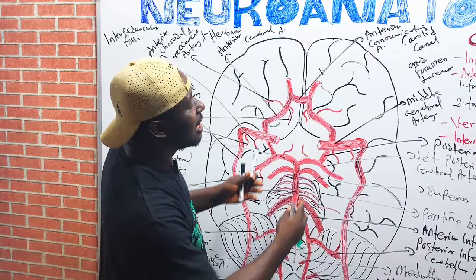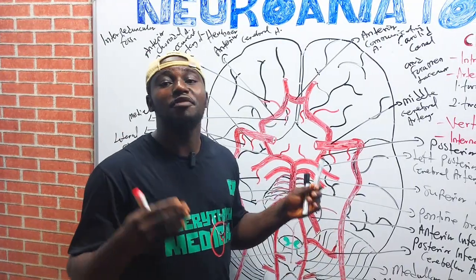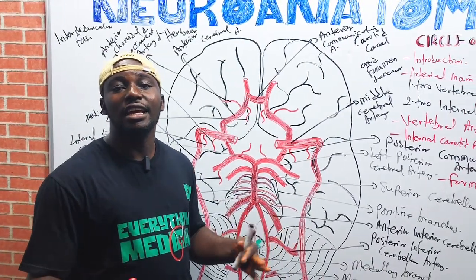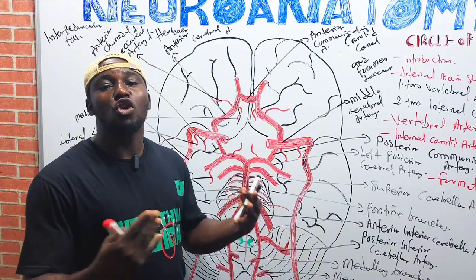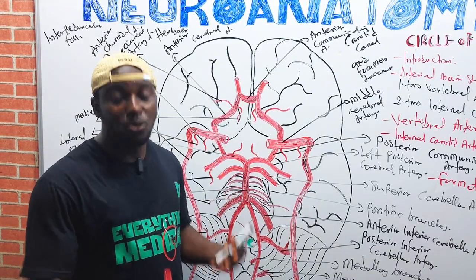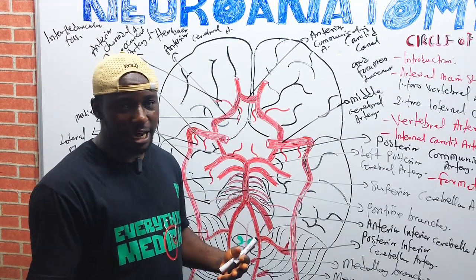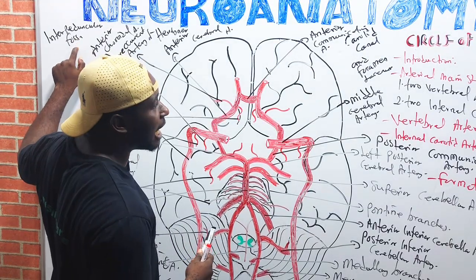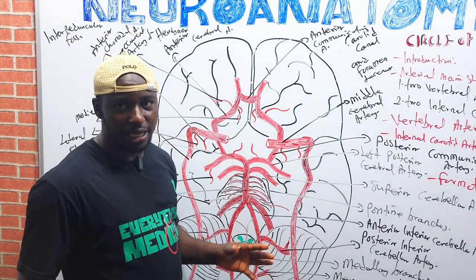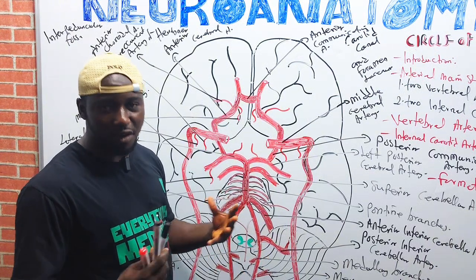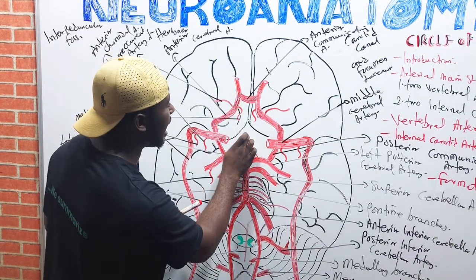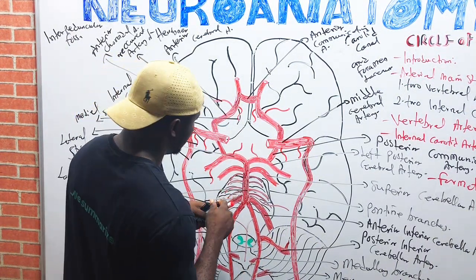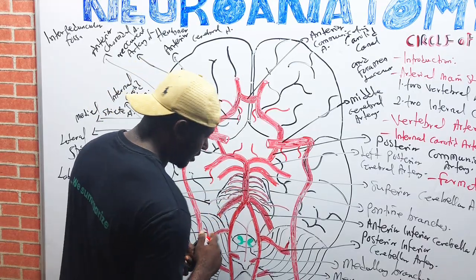Now, the circulus arteriosus is found in the interpeduncular subarachnoid space, which is at the base of the brain. So this is where it's located, the interpeduncular fossa at the base of the brain. That is where it's found. So here is the Circle of Willis.